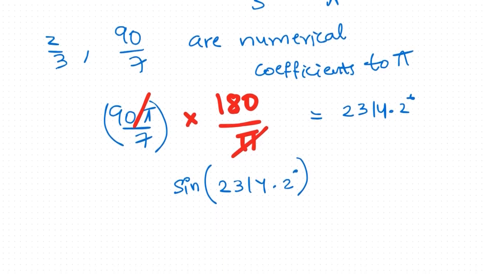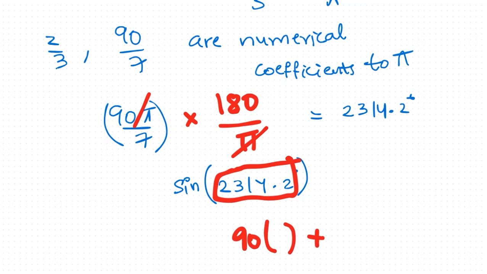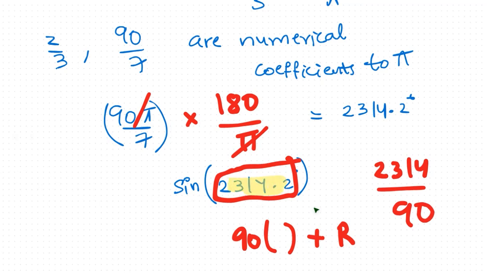The simple way is we write this answer as some multiple of 90 plus a remainder. So basically you divide the answer by 90. So it would be in the fourth quadrant.